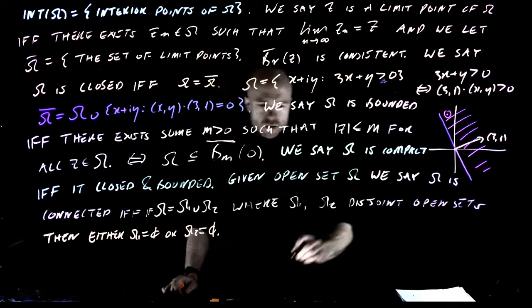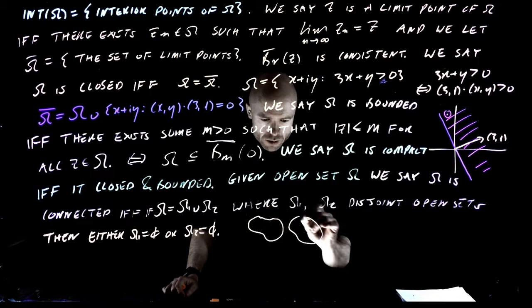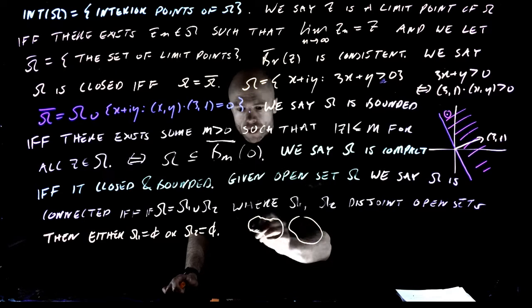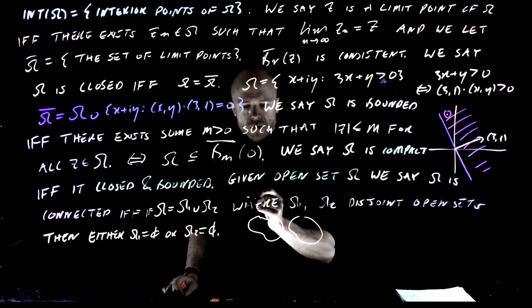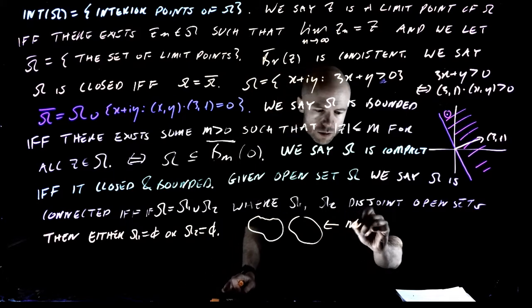Okay, so it comes with the picture, of course. So if this is omega, then it's not connected because it's the union of two disjoint open sets, right? So, not connected.